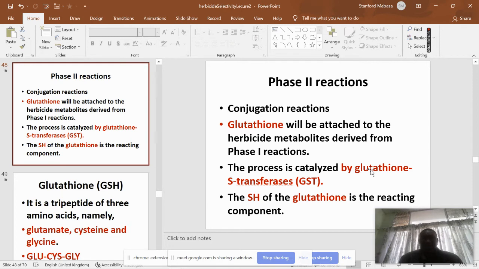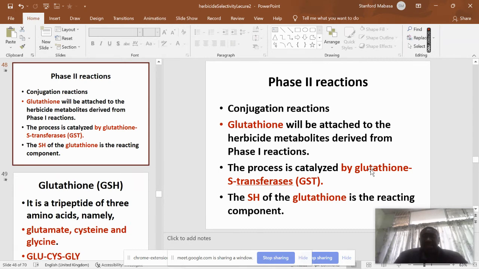Now, glutathione will be attached to the herbicide metabolites derived from phase 1 reactions. You know, all the activities of the phase 1, those products will be further acted upon by glutathione. Or sometimes it can go directly to the herbicides without alteration of phase 1, depending on the structure.